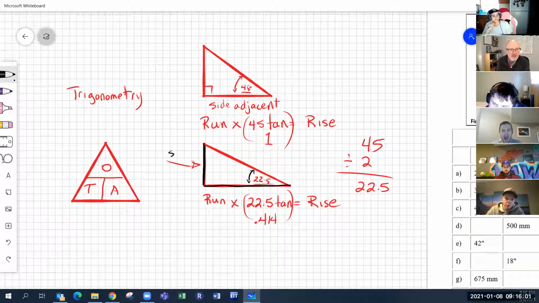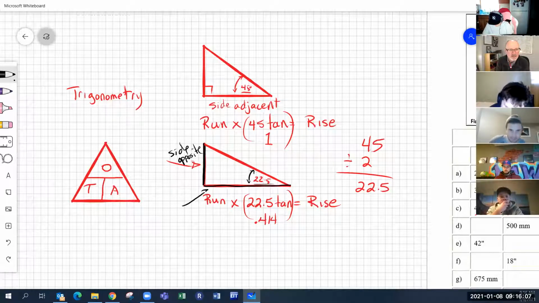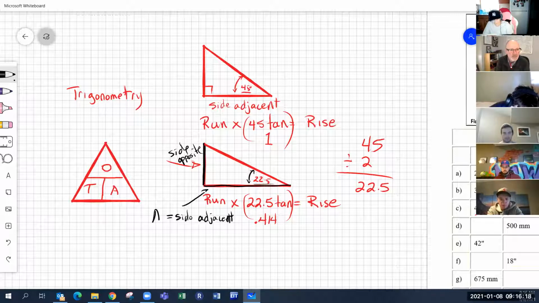So this is the side opposite, and this line is the side adjacent. And this equals A, this equals O, and this is the angle, and this equals T.